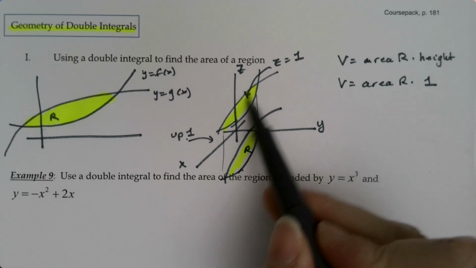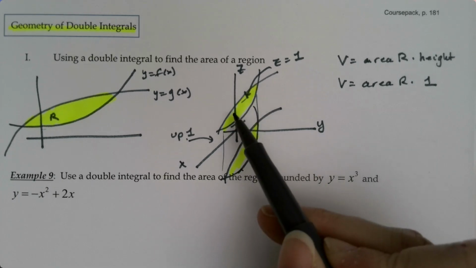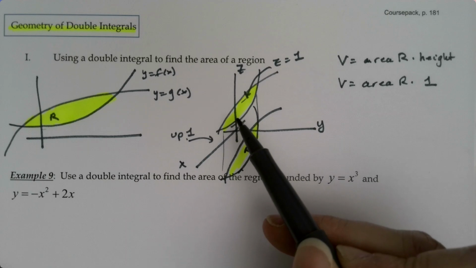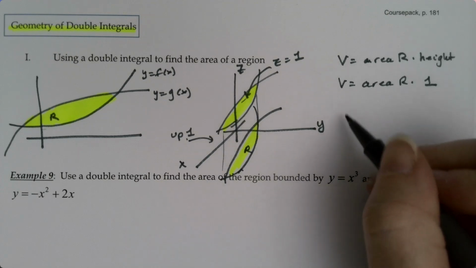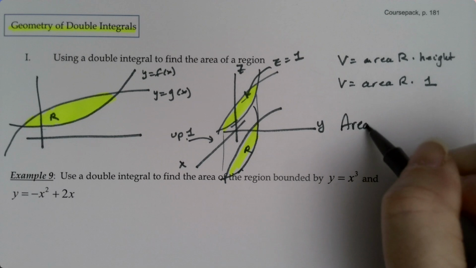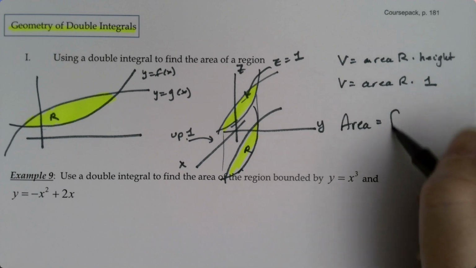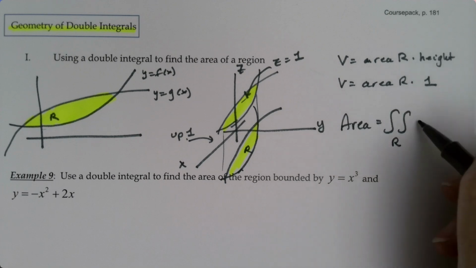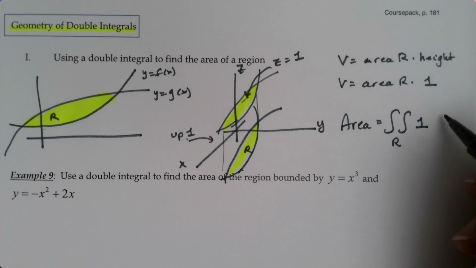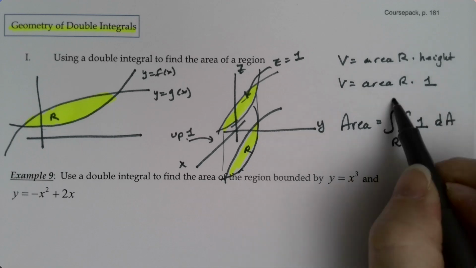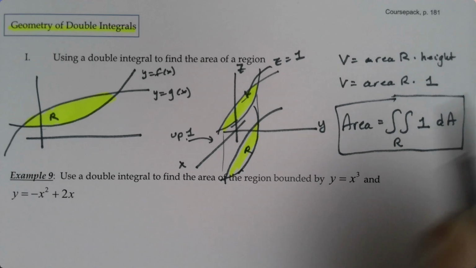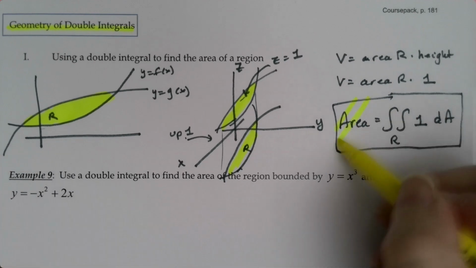Because this flat disk up here doesn't have any volume, right? Its volume is its area. So the area is the double integral over the region of 1. That's key. And that's going to come back actually in a different form later.